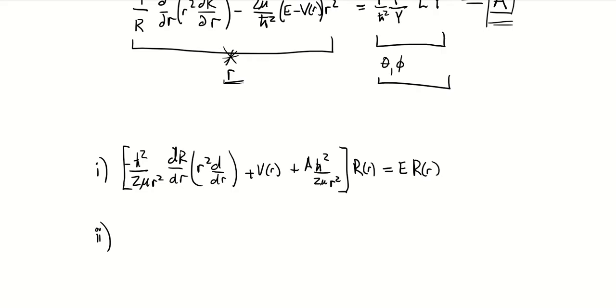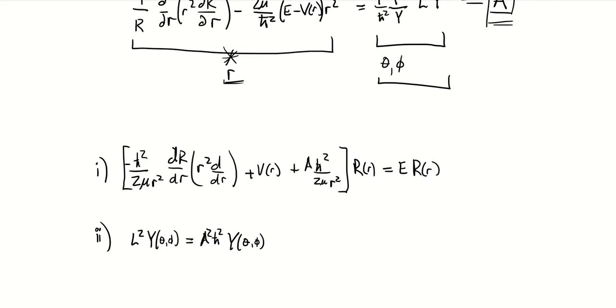The other one is the corresponding one for the other side, and it ends up being just L squared times that angular function, equal to A squared h bar squared times our angular function again.